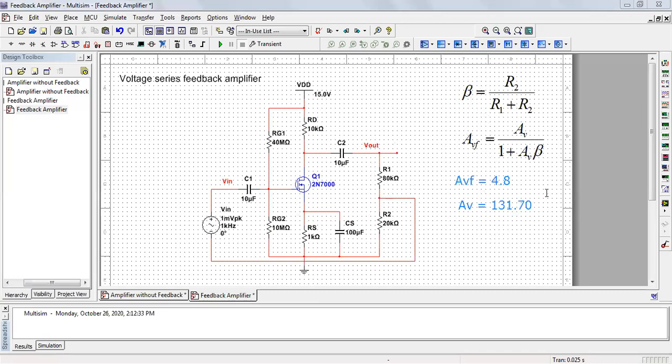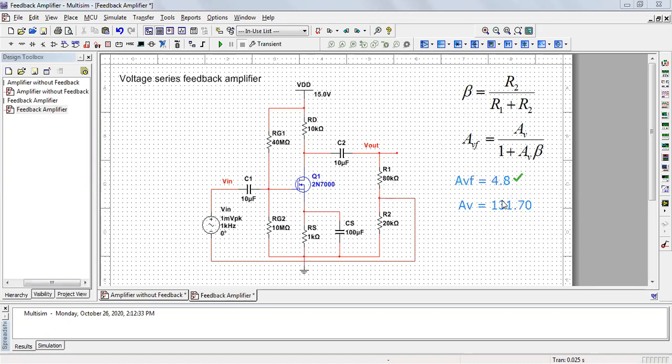Okay, now you can verify theoretically whether you are really getting almost the same value which we got practically. R2 is known, R1 is known, so you can calculate the beta.